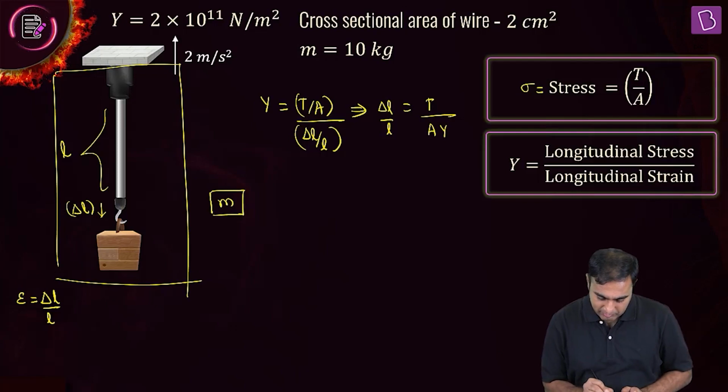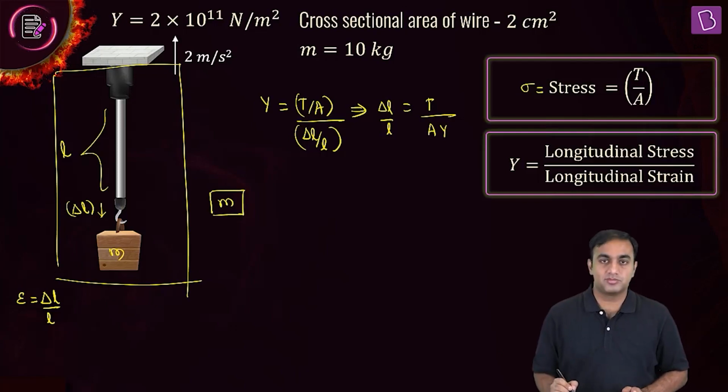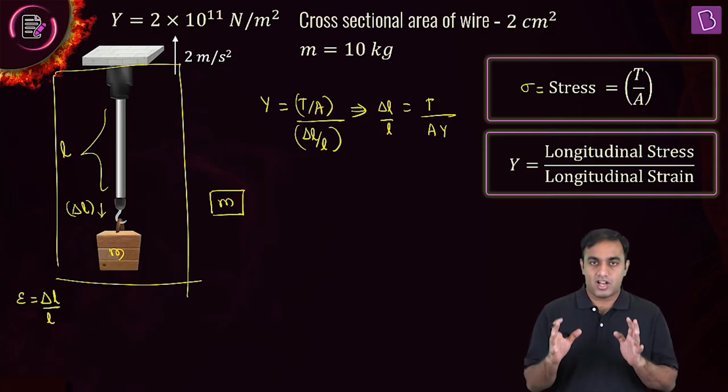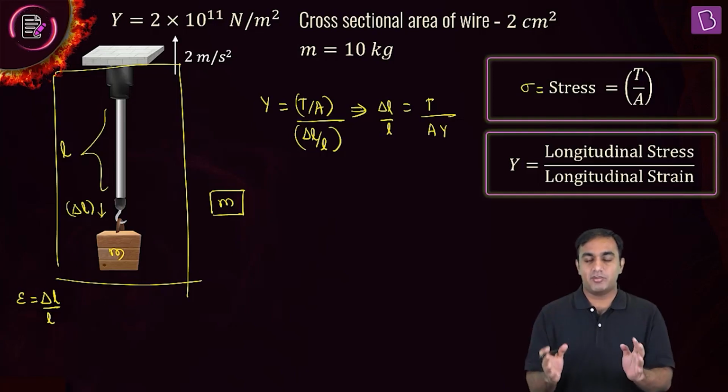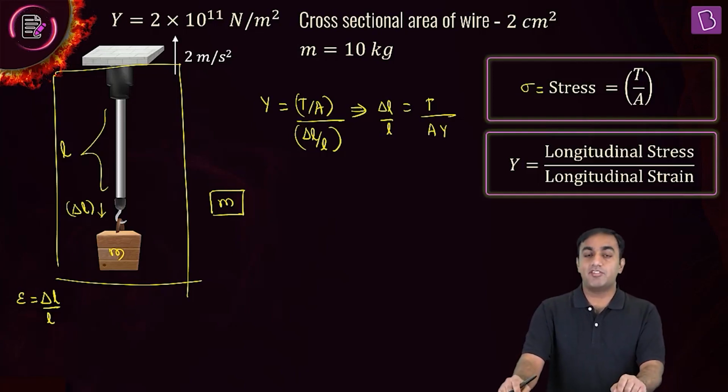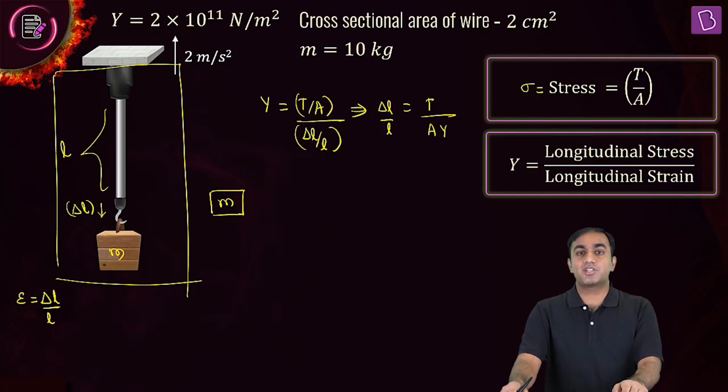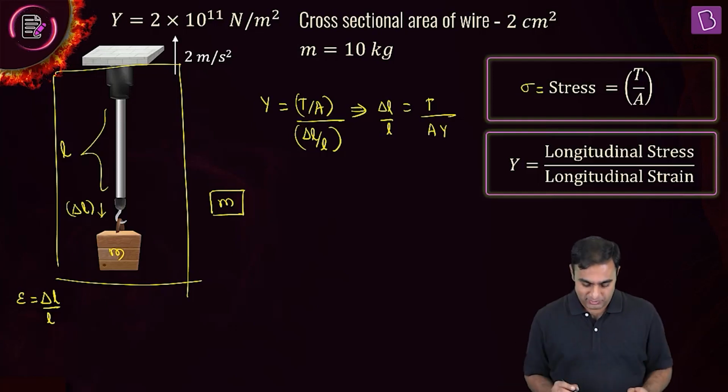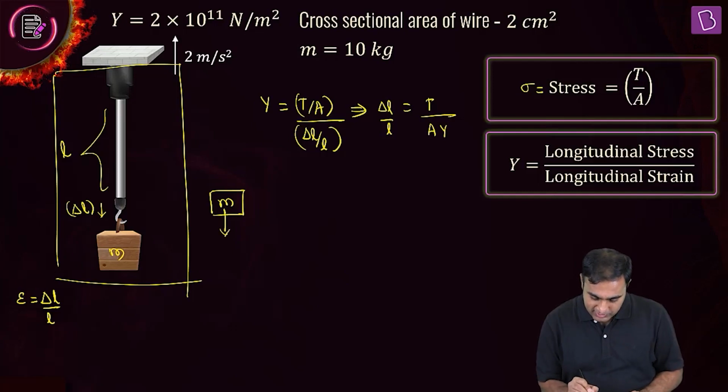for the mass M, which is hanging here, consider an observer in the elevator frame itself. Remember, elevator is moving up with an acceleration 2 meters per second square. So this happens to be a non-inertial frame of reference. If you are considering all the forces acting on this mass, then you have to account for the pseudo force felt by it as well. Now, there is gravitational force acting in the downward direction, mg.